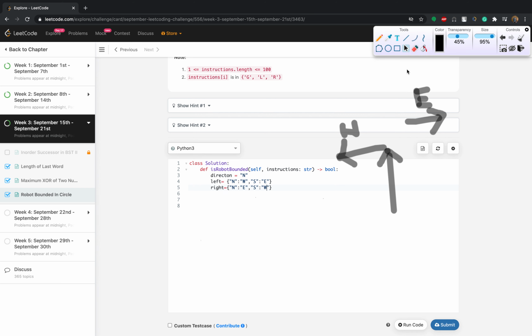Let's see why. Let's assume that it is right now facing south. If you're in south and you're moving left, that would be east.